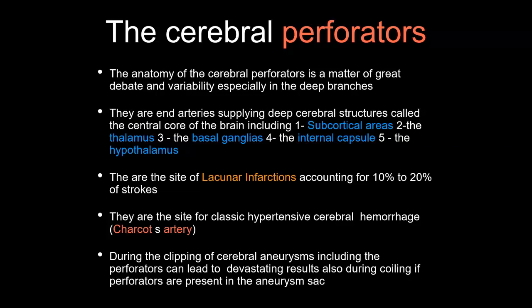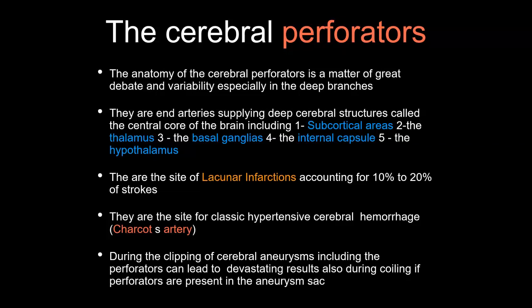Why are we studying these perforators? Because they are the site of lacunar infarctions, which account for 10 to 20% of strokes. If you have a lacunar infarction, as we said before, in the internal capsule, you get hemiplegia. The infarction is about 5 millimeters in diameter, due to occlusion of one perforator.